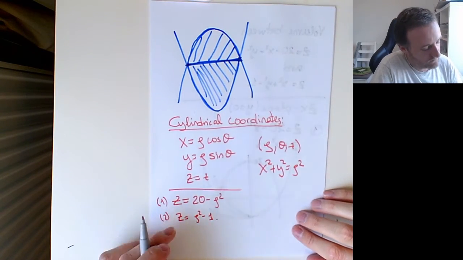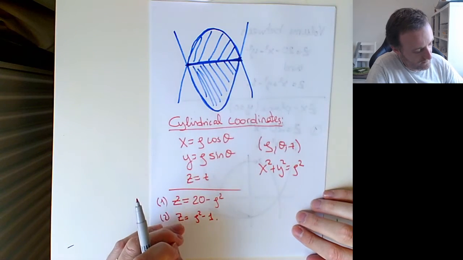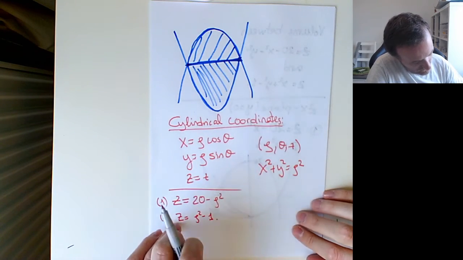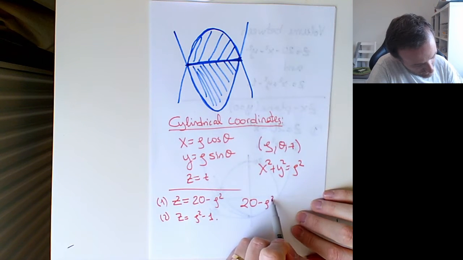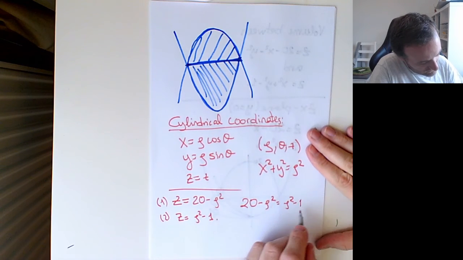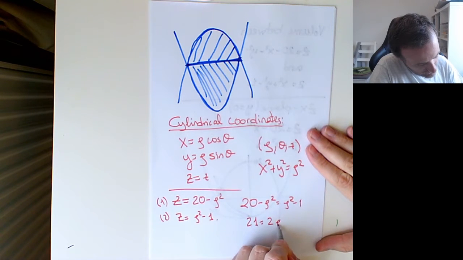Now if we're interested in finding when they intersect, the z's are the same, so they intersect when 20 minus rho squared is equal to rho squared minus 1. So 20 plus 1, 21, is equal to 2 times rho squared.